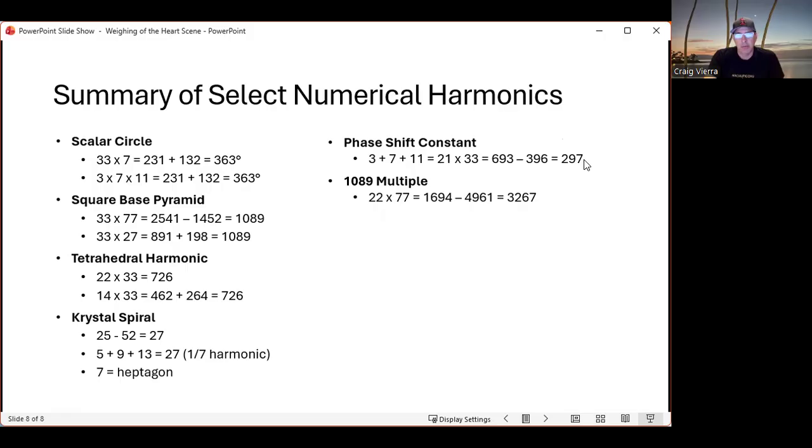This is what I'm calling the phase shift constant, where two waves are shifted, and that allows for structure formation when they're slightly shifted from one another. And then we've got a 1089 multiple showing up as one base pair in DNA.